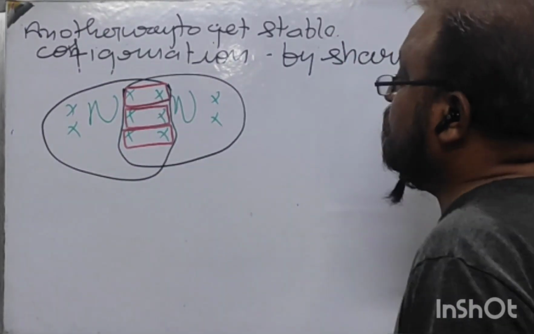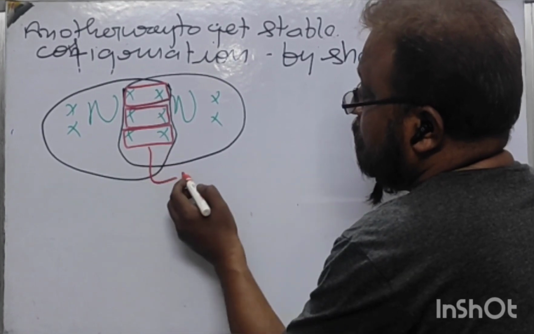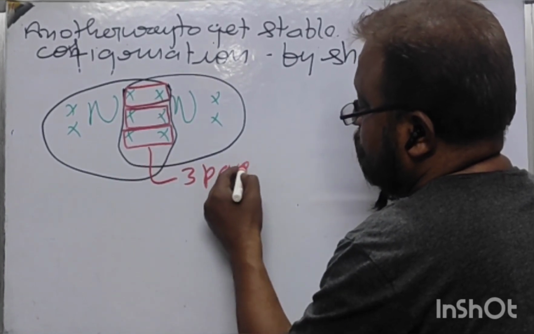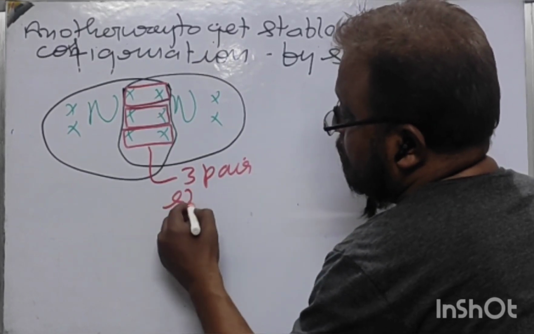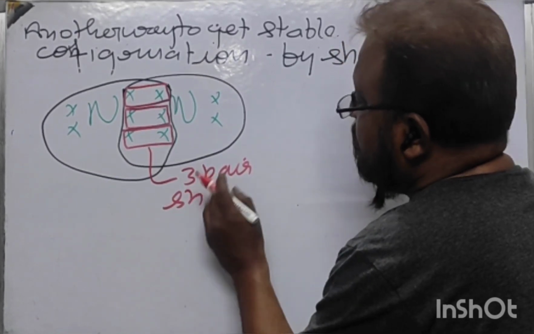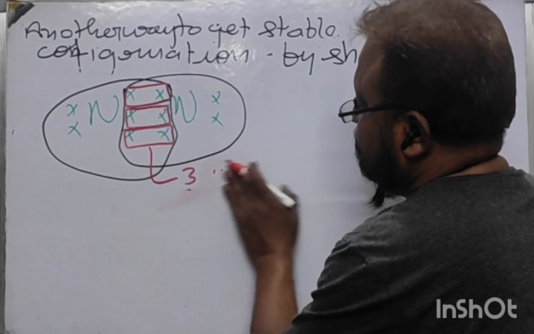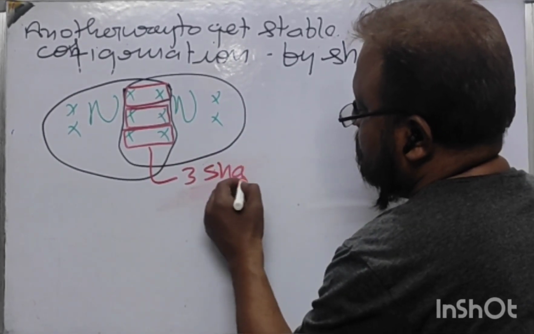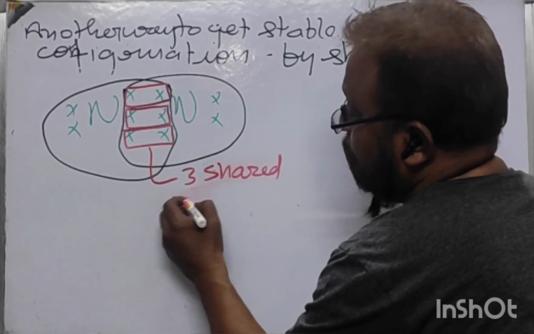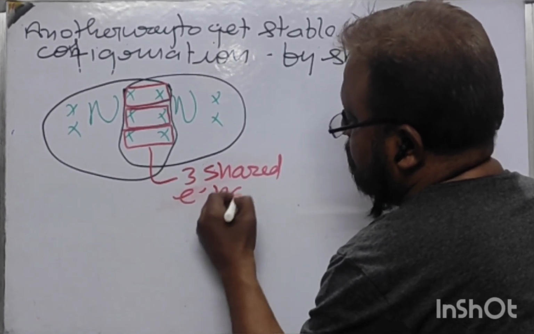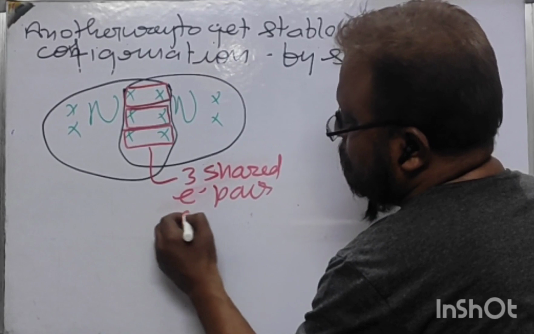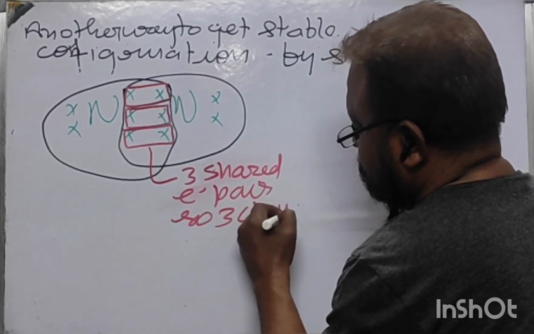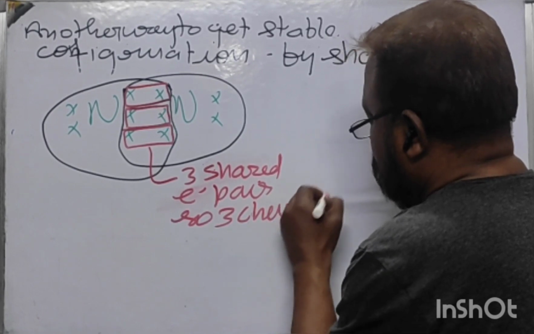Three shared electron pairs, so three chemical bonds.